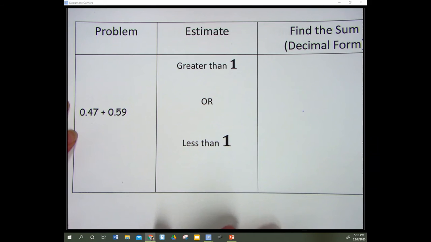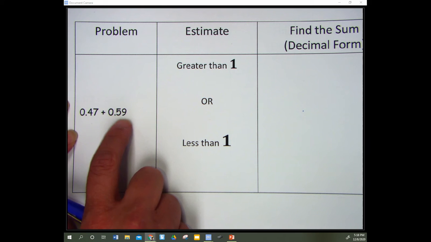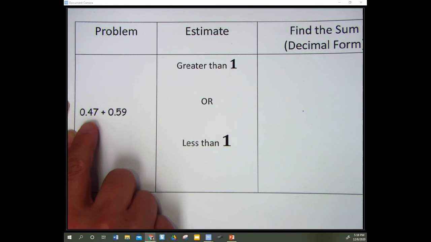If I'm estimating this sum, I'm going to look at this addend first. 59 hundredths is greater than 1/2 because 50 hundredths is 1/2. 47 hundredths is almost 1/2. It's just 3 little hundredths away from 1/2.